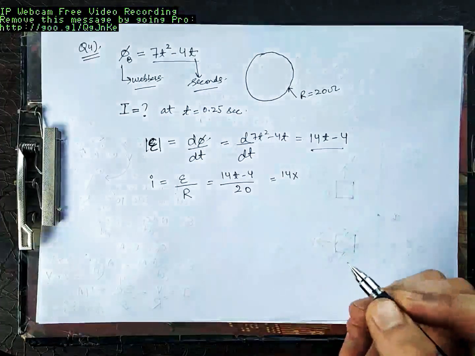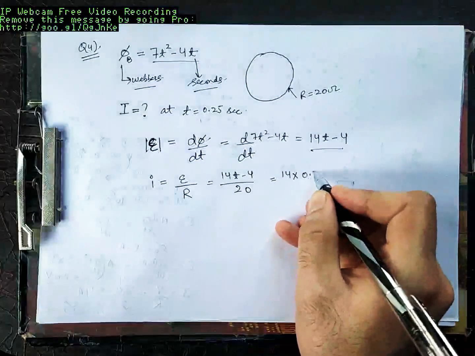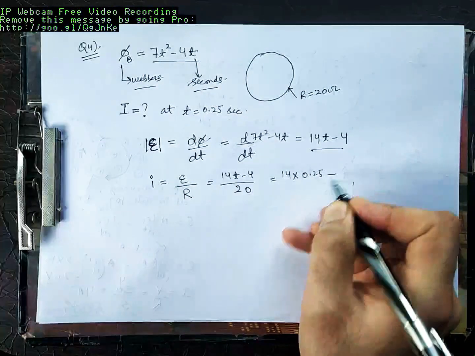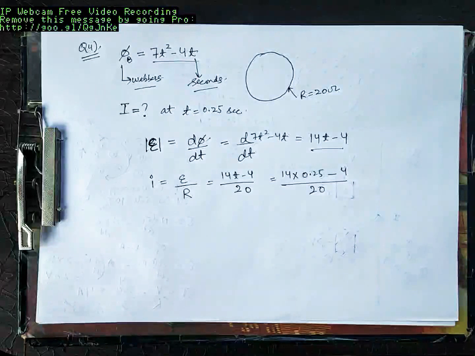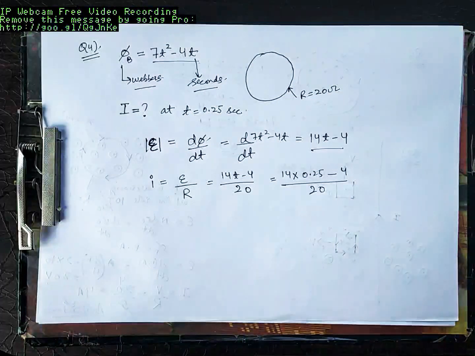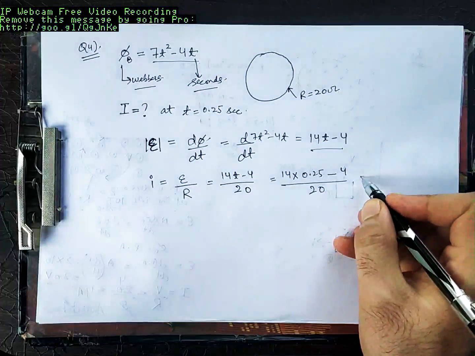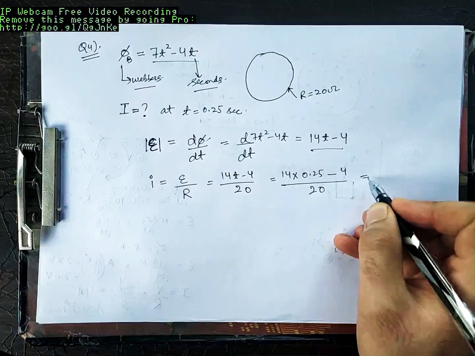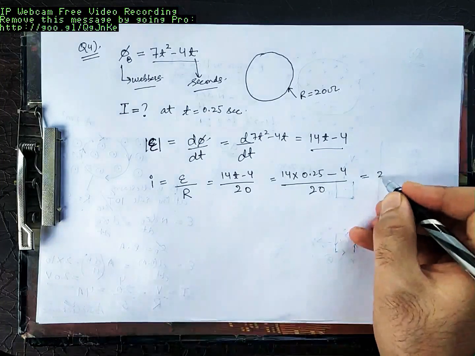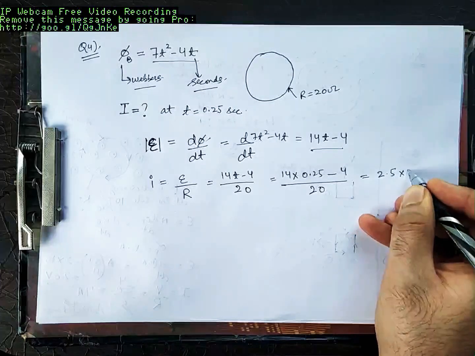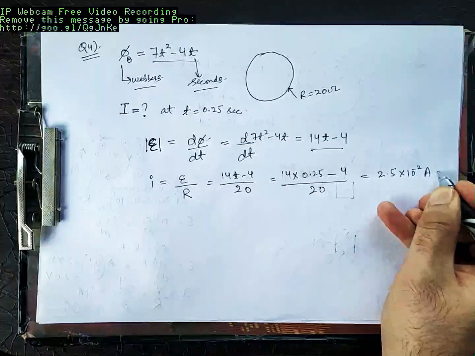How much is t? 0.25, minus 4, divided by 20. This comes out to be equal to 2.5 times 10 raised to the power minus 2 amperes.